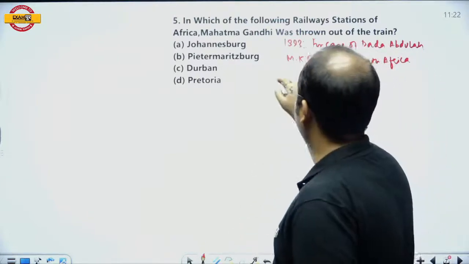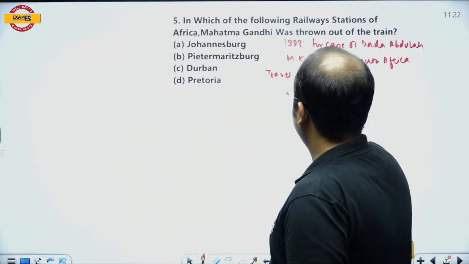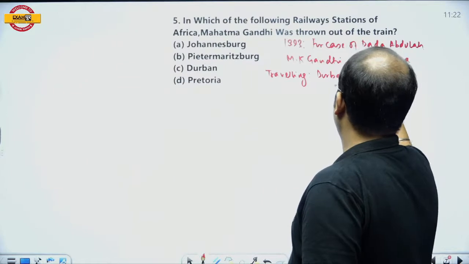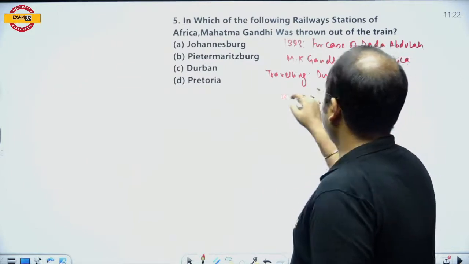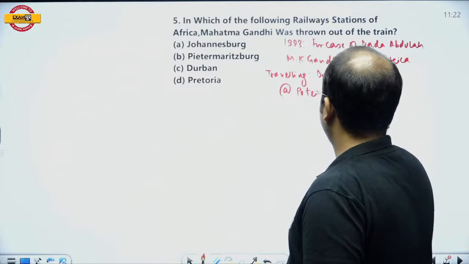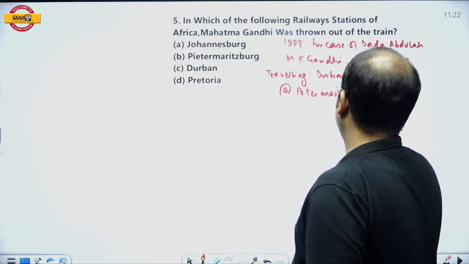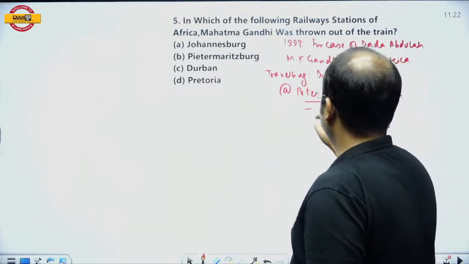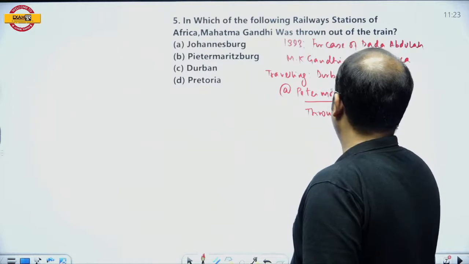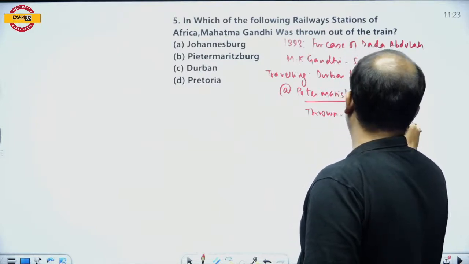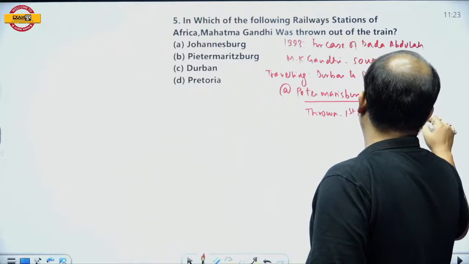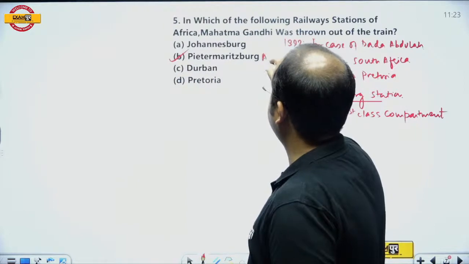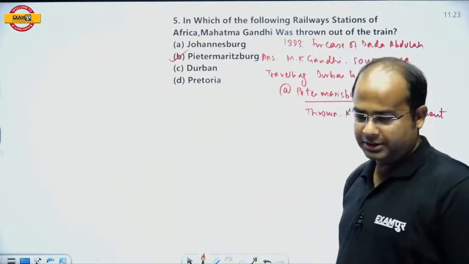While he was traveling from Durban to Pretoria, at Pietermaritzburg station, he was thrown from first class compartment. So correct answer will be guys option B, that is Pietermaritzburg station.